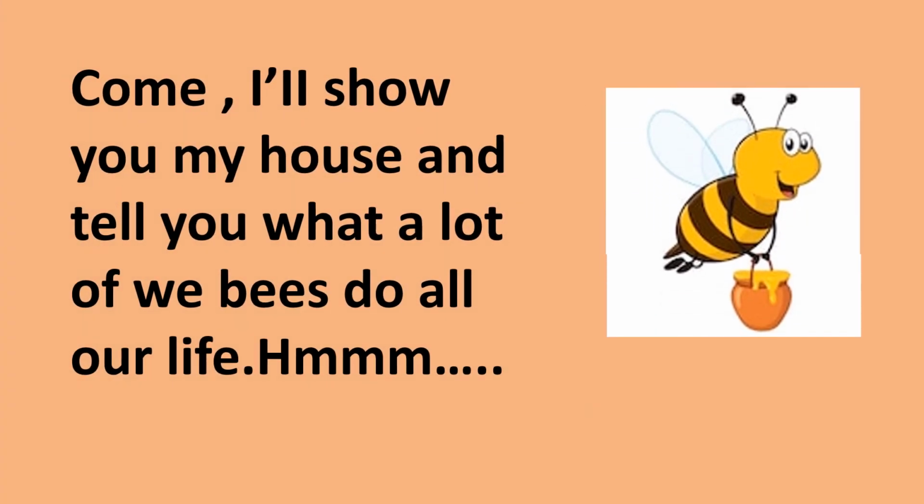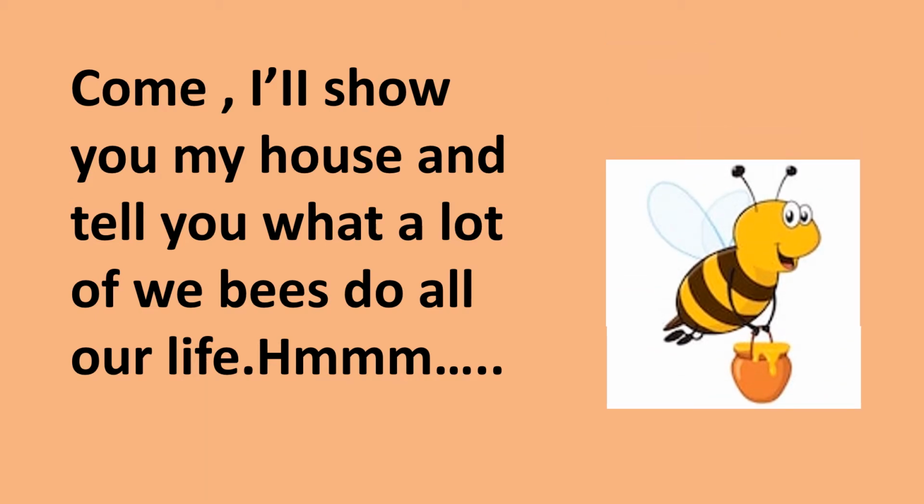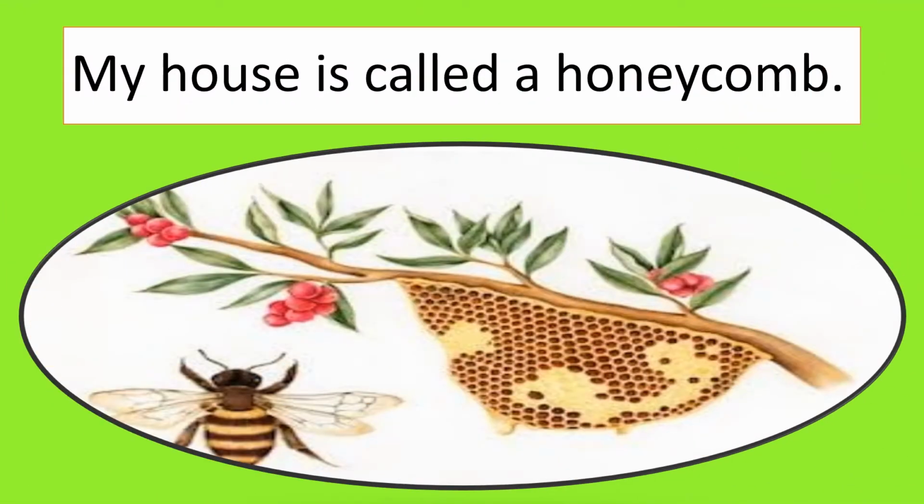Come, I will show you my house and tell you what a lot of we bees do all our life. My house is called a honeycomb. Underline honeycomb. Now the house of the honeybee is called the honeycomb.